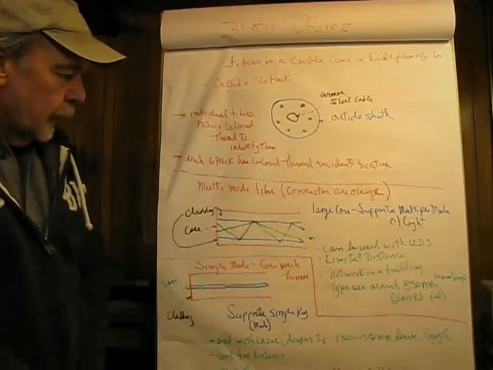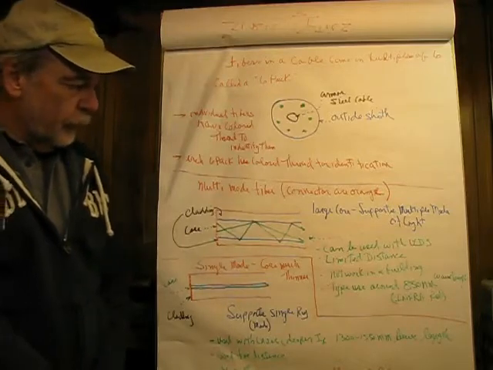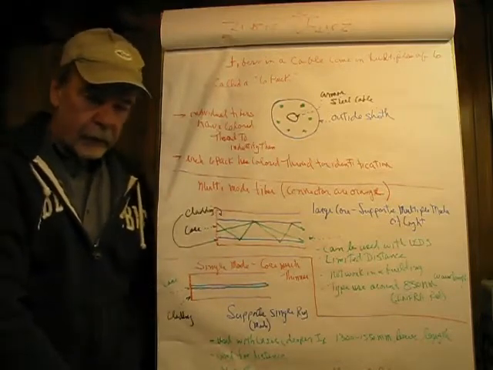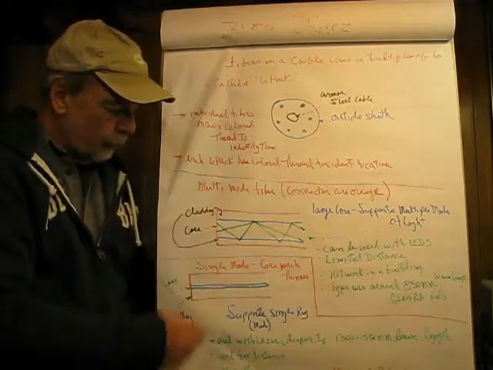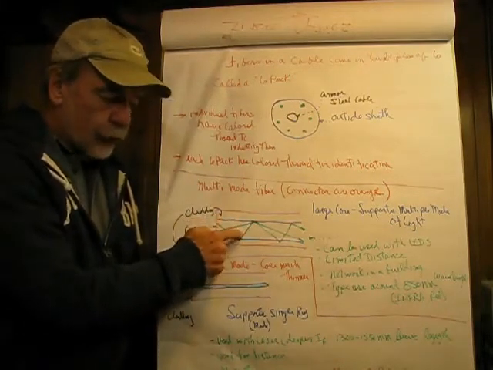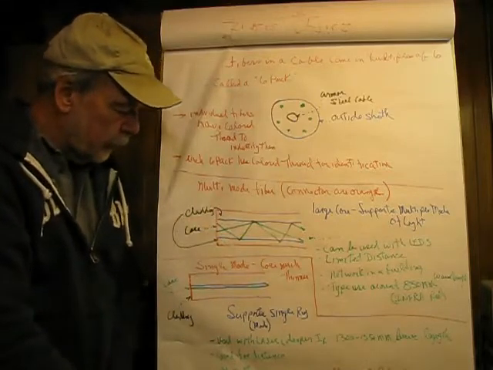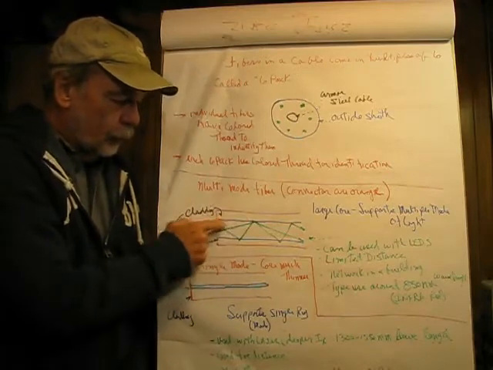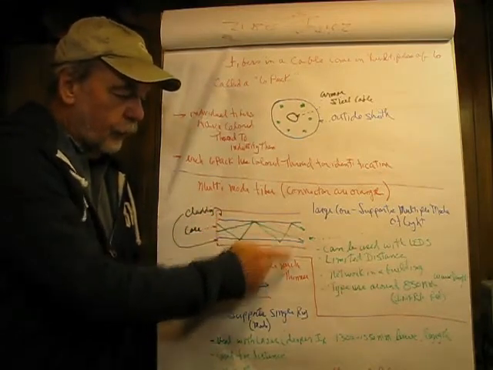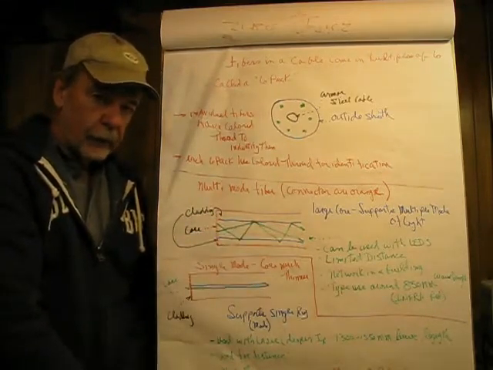Okay, let's see, we have two general types of fibers. And these are systems, I shouldn't say fibers. One is multimode, and it's a relatively large core, up to 125 micrometers. And it supports multiple modes, which means the different reflection of light rays.